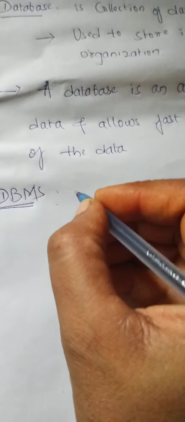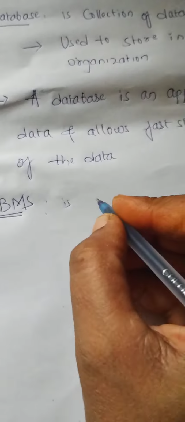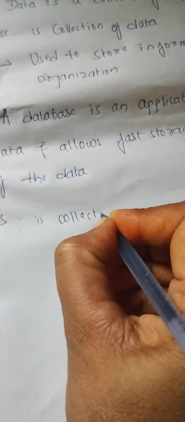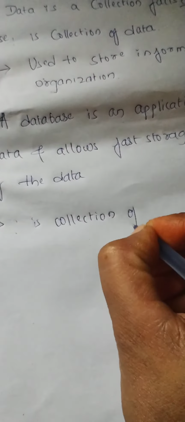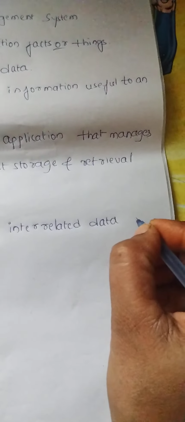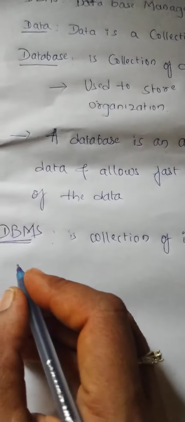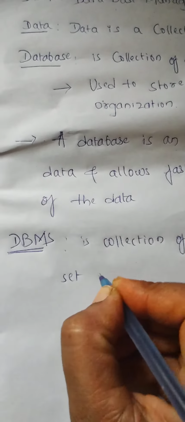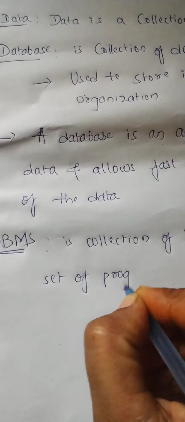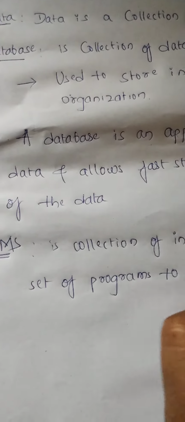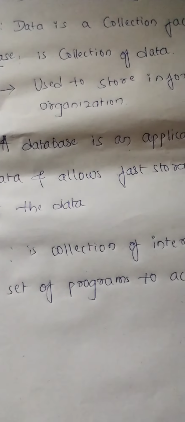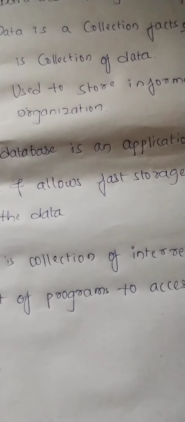Let us write the definition: DBMS is a collection of interrelated data and a set of programs to access those data.